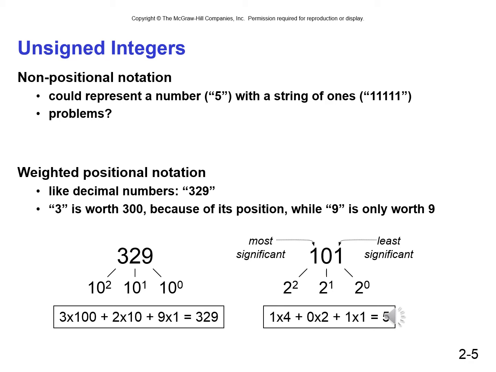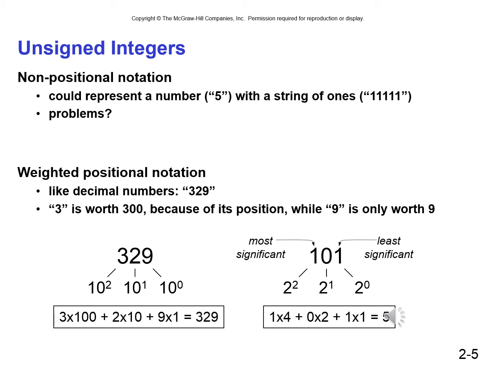So binary may look cryptic because it's a series of zeros and ones. It's actually less cryptic than the system we've been using all our lives. So let's start with unsigned integers. We have 2 numbers, okay? And they have positional notation.